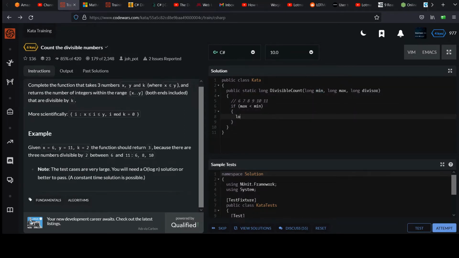And so you could say something like long temp equals max. You just store the max value because you're about to overwrite it. Set max to min, and you could say min equals temp, which was the original max value, right? And then you're sort of back in business. You don't have to do this, but I just like to get you thinking about what can happen and inspire you to control your data and be the one in charge.